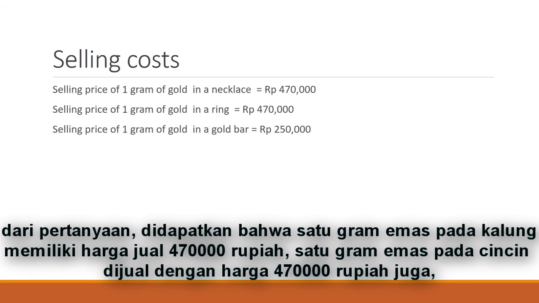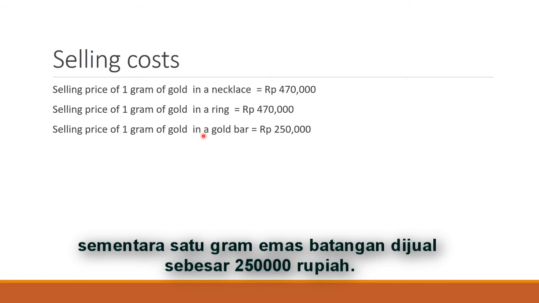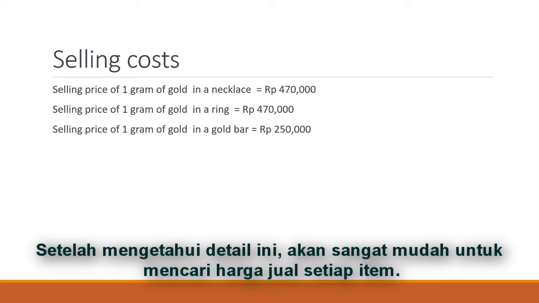From the problem, we can see that 1 gram of gold in a necklace is sold for 470,000 rupiah. 1 gram of gold in a ring is sold for 470,000 rupiah also, while 1 gram of gold in a gold bar is sold for 250,000 rupiah. Because we know these details, it'll be easy for us to find the total selling price of each item.